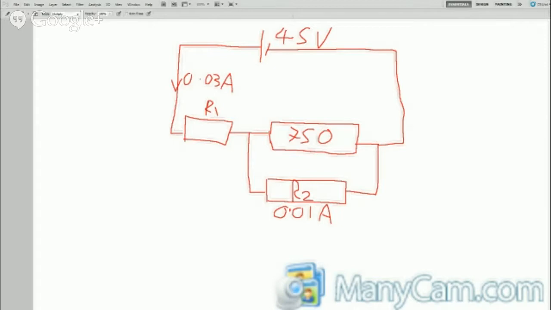Kirchhoff's current law tells us that at a junction the total current going in must be the same as the total current going out. Which means that if we've got 0.01 amps coming down here, then we must have 0.02 amps coming through this resistor.